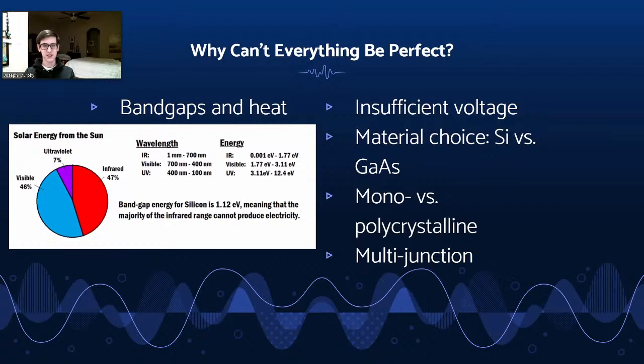With silicon in particular, but with other semiconductors as well, we have the option of creating monocrystalline or polycrystalline cells, or semiconductors rather. A polycrystalline cell is like if we just got a bunch of silicon, melted it, poured it into a mold, let it harden into a solid again, and then made semiconductor out of that.